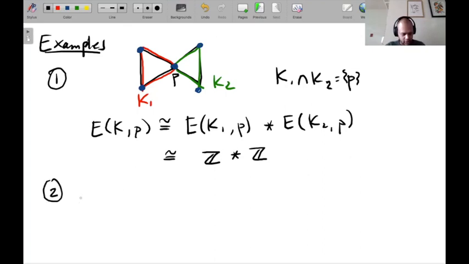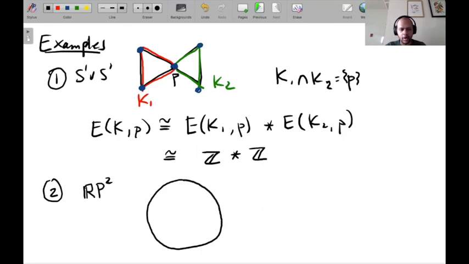Let's do another example where the geometric realization is RP2. So let me now draw a simplicial complex.